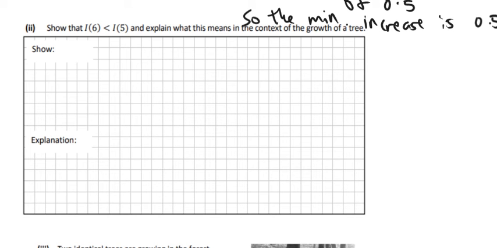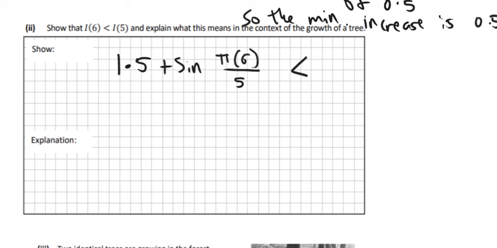Right, the next bit then, we have to show that the increase of year 6 is less than the increase of year 5. So remember, the formula for the increase is 1.5 plus the sine of pi times whatever the year is. So in the first one, it'll be 6 all over 5.